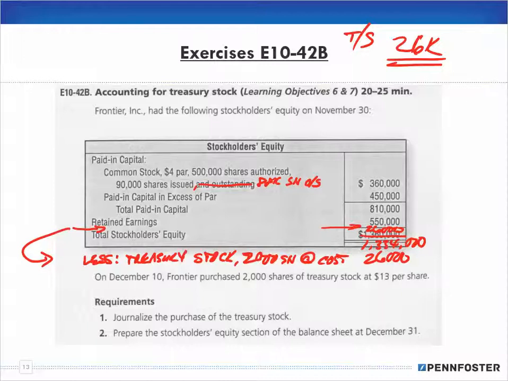But remember, with stocks and dividends, you watch the theory, you understand the concept, but the more you do it, the easier it becomes, because of the different variations that you can have. This here is just another variation on the theme. As long as you understand what the stockholders equity section looks like, you're just making adjustments to it, depending upon the situation at hand.